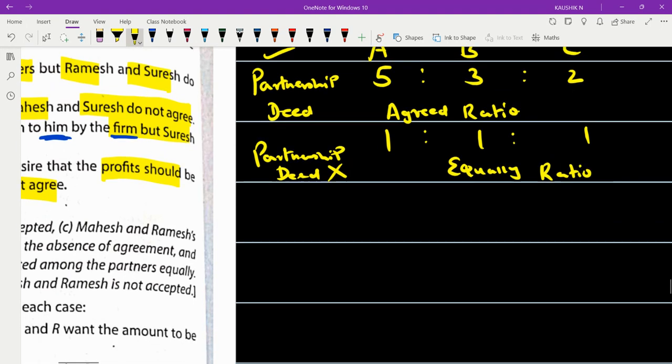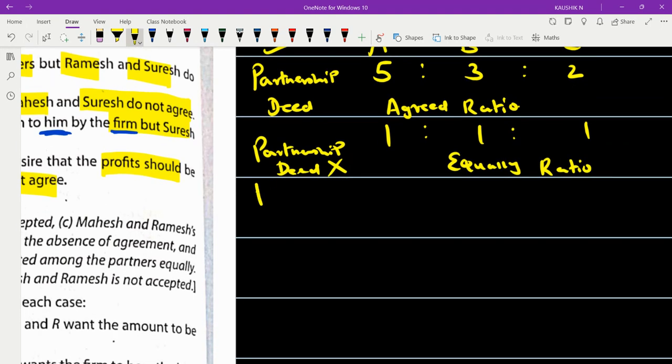Okay, suppose you have a partnership deed, and in the deed, if you see, they have provided the information about the capital contribution, the capital of partners.